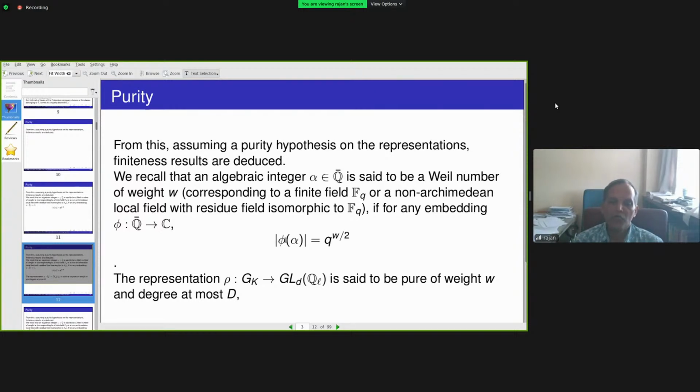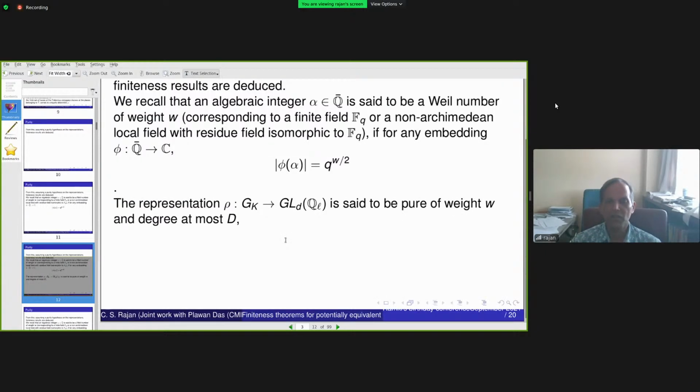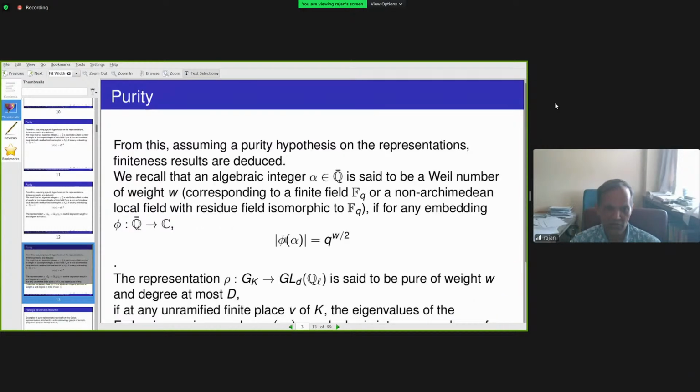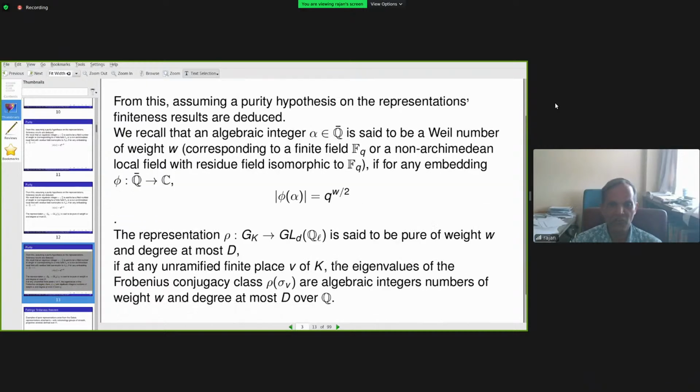And a representation rho from GK to GLD QL is said to be pure of weight W and degree at most D. Here I've made a slight difference, but it does not matter: the small d and capital D can be different because I'm not assuming that the conjugacy classes are integral, though in any practical sense they are integral.